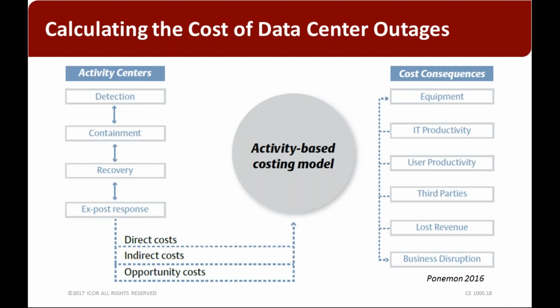This particular graphic kind of brings in, on the left-hand side, what they call an activity-based costing model. And on the left-hand side, some of those activities we talked about: detecting, containment, recovery, and then after the event, or ex-post response.